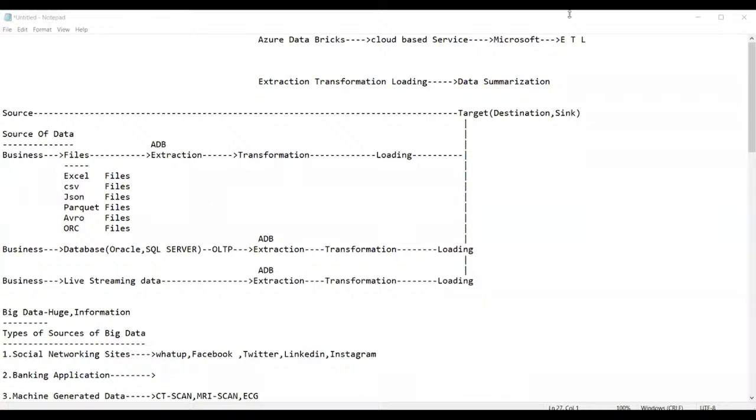What are the prerequisites to learn Azure Databricks? If you know Python, or R, or SQL, that is very good, and you can understand the code.